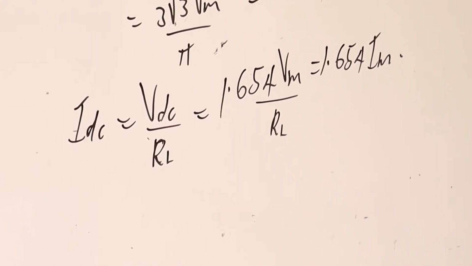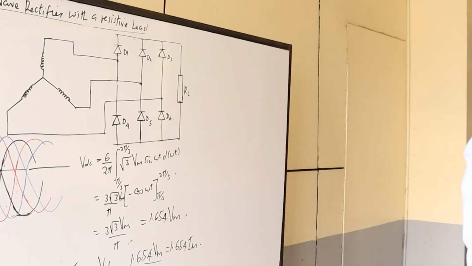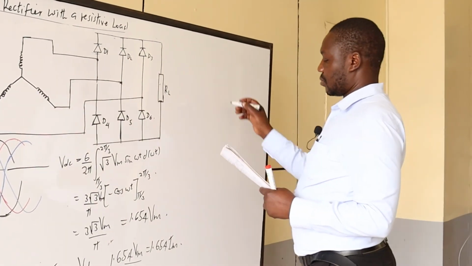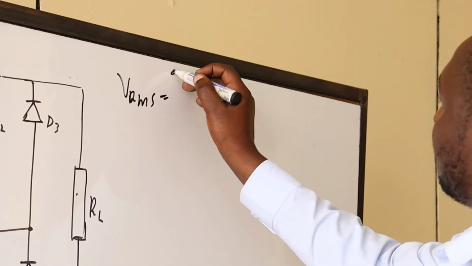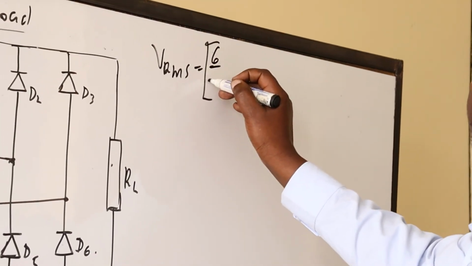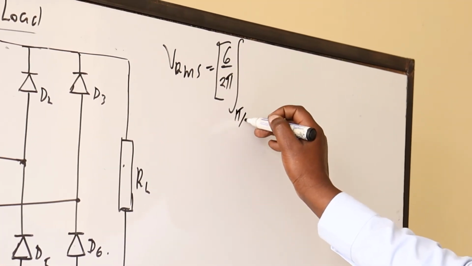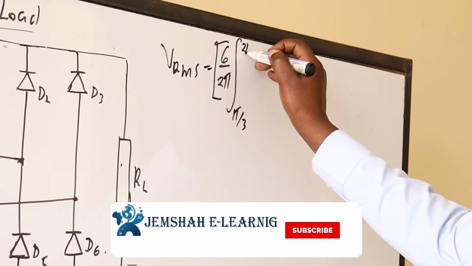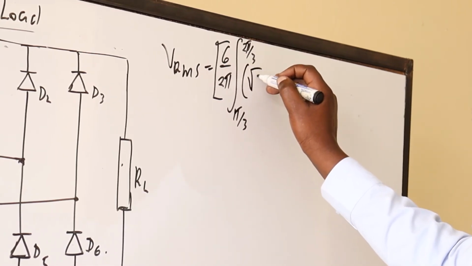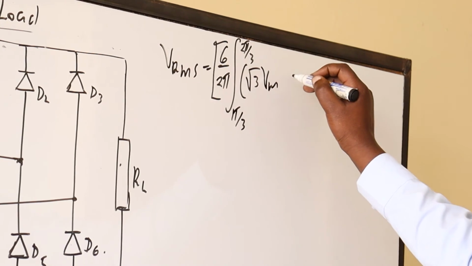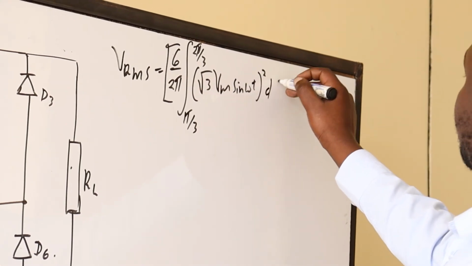VRMS, okay, the square root of 6 all over 2 pi, the integral from pi over 3 to 2 pi over 3, then we square our voltage, that is root 3 Vm sine omega t, we square that with respect to omega t.